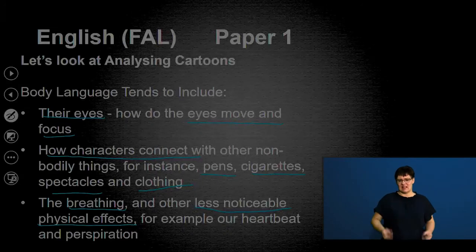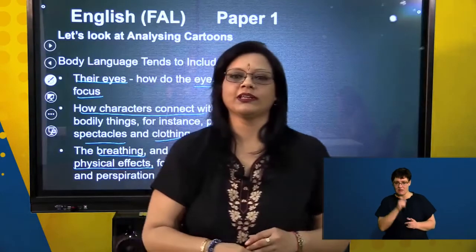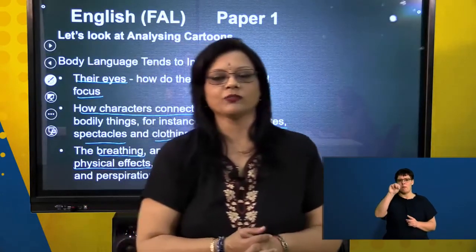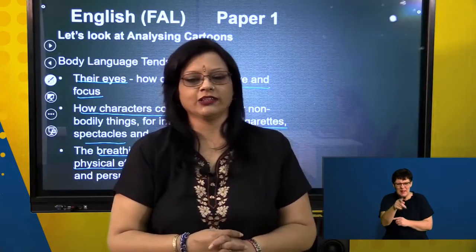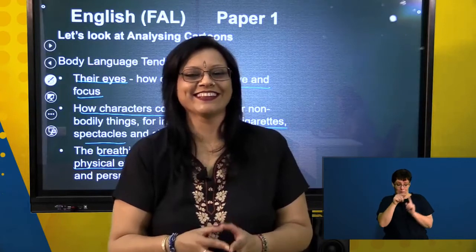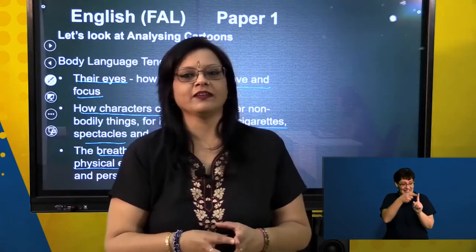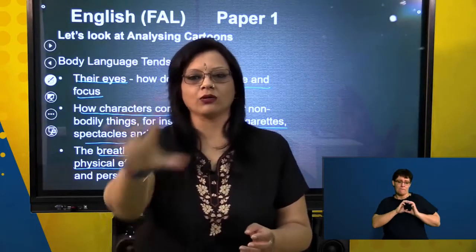For example, the heartbeat. Now, we've all seen Tom and Jerry at some point. I hope I'm not out of my generation here. But Tom and Jerry, you know, Jerry's the cat. No, sorry, Tom is the cat. And Tom, when he falls in love, and you see Tom running around, Tom always has his heart pumping out.